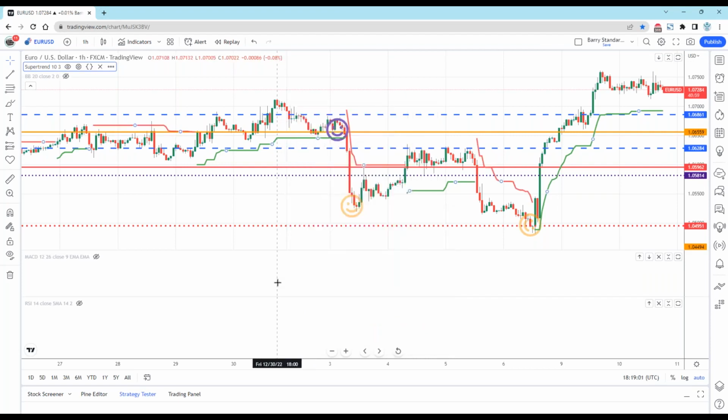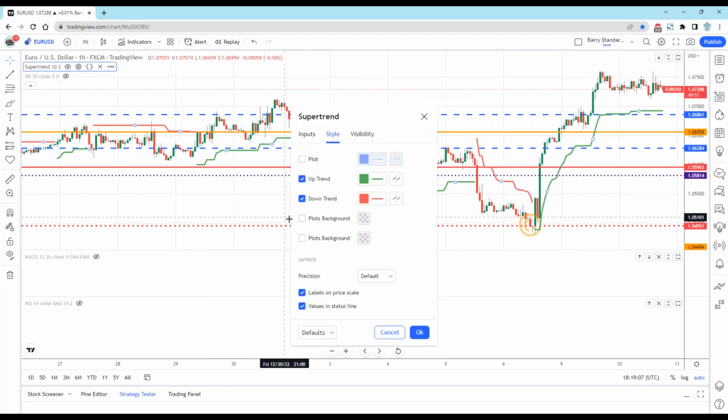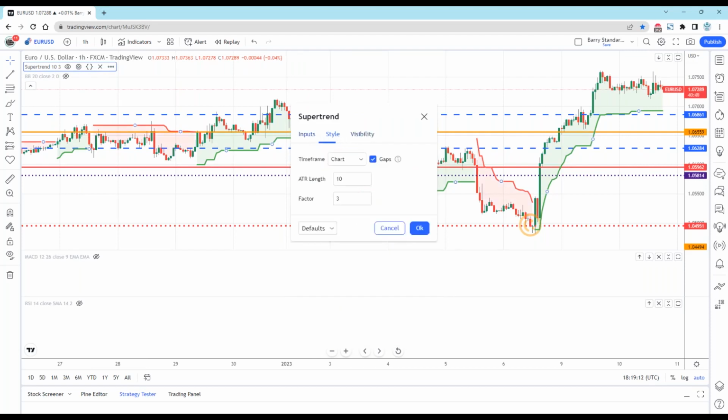Okay. But that's really based on the charting system. Then we go to our inputs. Okay. We want to use a factor of 3 and 10. It's the standardized calculation for the super trend indicator.